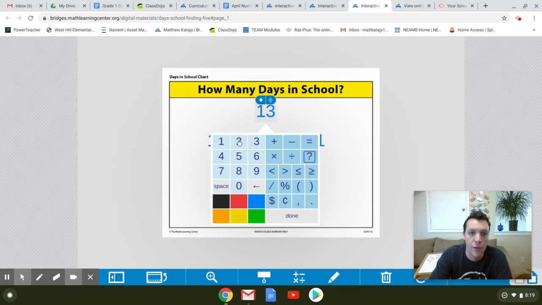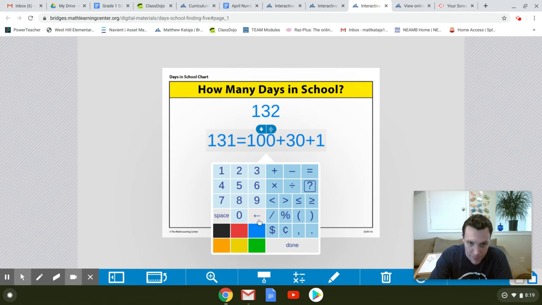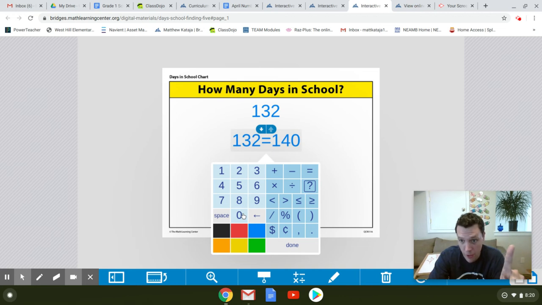Now it's the 132nd day of school. And today I'm going to do a subtraction equation. 132 is the same as 140, which is 14 tens. Take away, how many ones do I have to take away to get to 132?